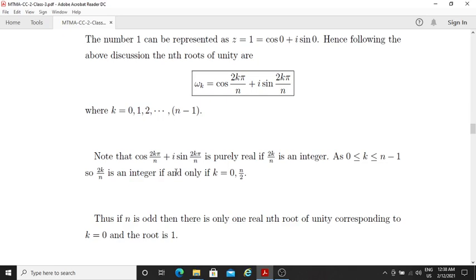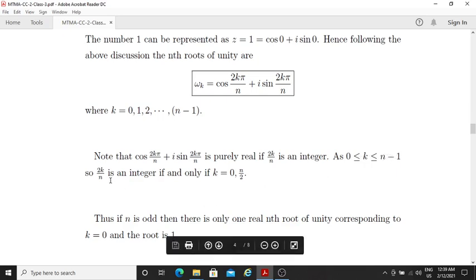And in those cases, this imaginary part will vanish. So this number will be purely real if 2k/n is an integer, where k belongs to 0 to n minus 1. Of course, k has a limitation between 0 and n minus 1.